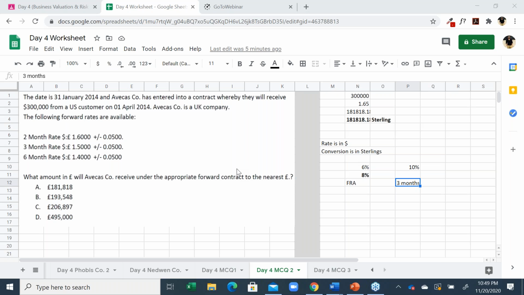Once you have read the requirement, you should be sure that you have completely understood the requirement and you know what exactly the examiner has asked. Once you are sure of what you have to calculate, then plan the answer. Do not jump into solving the question. First, plan the answer.